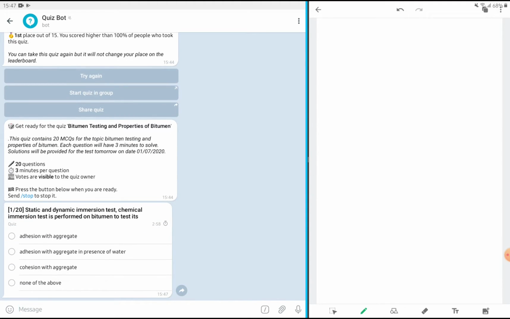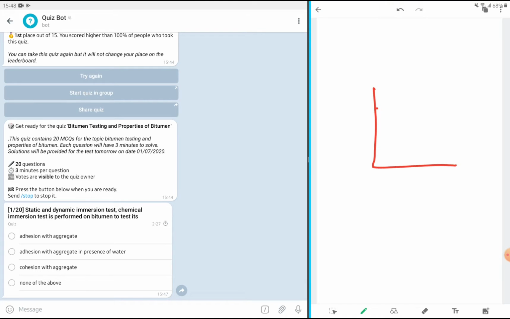The first question is, static immersion test, dynamic immersion test and chemical immersion test are performed on bitumen to test its what? See, these tests are performed on bitumen in order to test how well it adheres to the aggregate when the aggregate is coated with bitumen and kept in water.